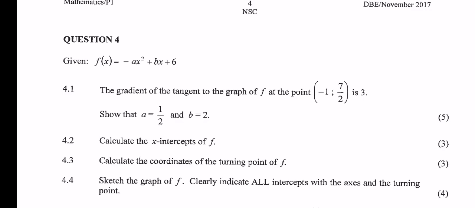So in this part of the question, we are given that the gradient of the tangent to the parabola is 3. That is very much important. So the question is show that a equals half and b equals 2. Let's get into it.